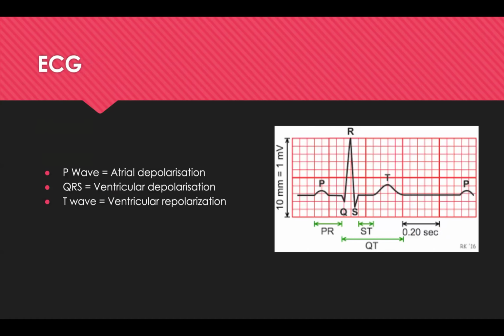And this should pull up a trace that looks like this. So you need to be aware of the P wave, which is at the beginning of an ECG trace, which represents atrial depolarization. This then should become the QRS complex, which represents ventricular depolarization, and finally the T wave, which represents ventricular repolarization.